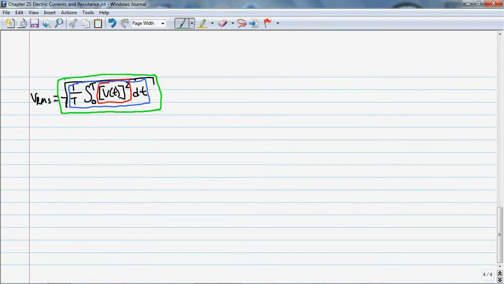It's just the process in reverse order. And current will have the same form, like so.